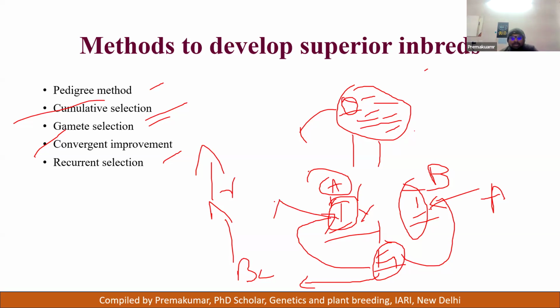How you develop in a back cross, the final variety is exactly like the recurrent parent, but with the desirable trait. Here also, the properties of the inbred are not altered, but they are improved for some trait. How can it be done? It is done only through back crosses. Understood what is convergent improvement?